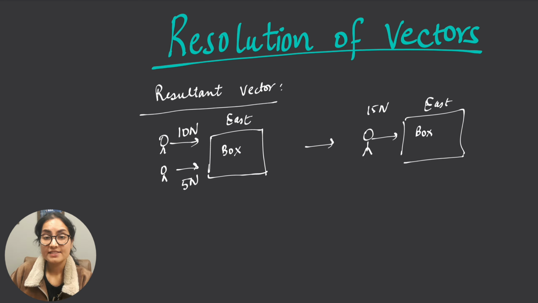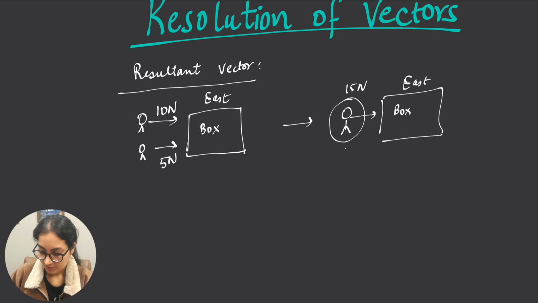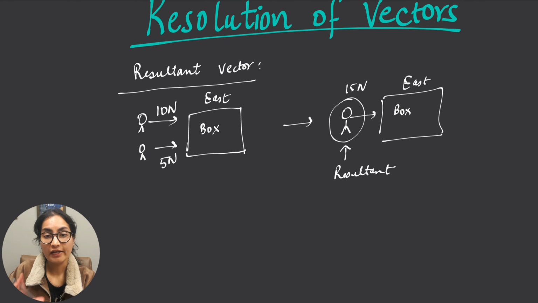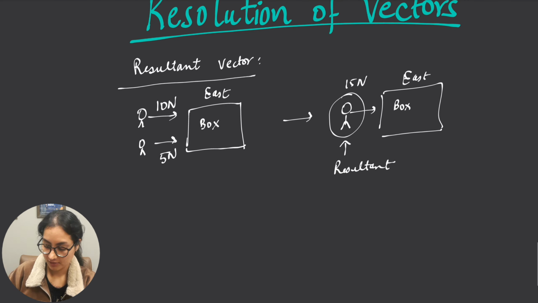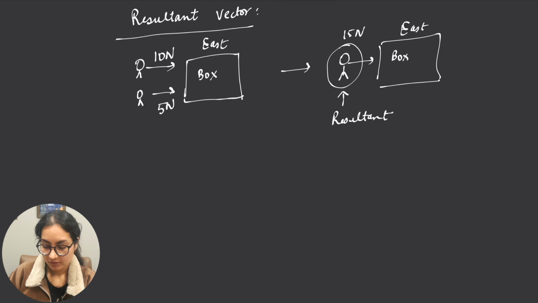That means instead of two people doing this job, only one person can do this. So that person is the resultant of me and my friend. If one vector can do the job of two or more vectors, that one vector is called the resultant vector of all those vectors. So now we have combined all the forces into one vector, which is a resultant vector.